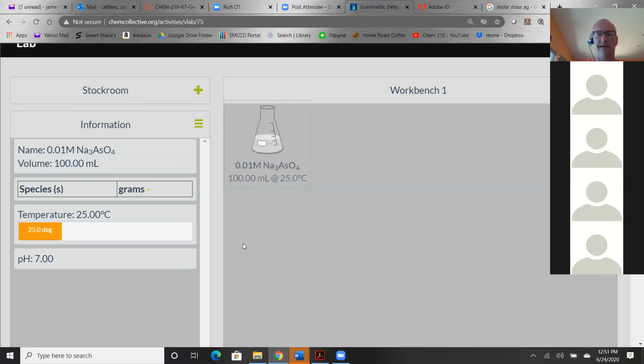So what that means basically is that in this solution, I'm going to have 0.01 molar arsenate. What's going to be my concentration of sodium? Is it going to be the same or different? The same. Okay.